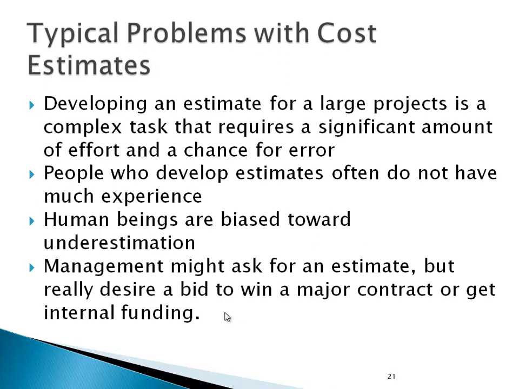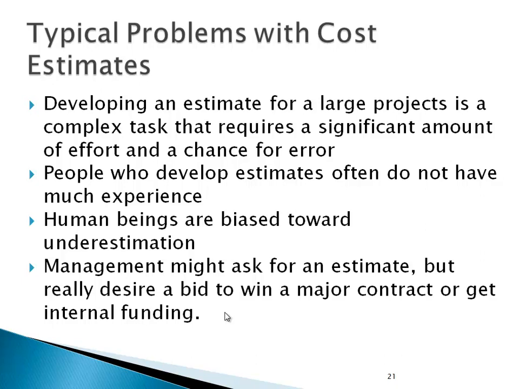Typical problems with cost estimation, and this is what I told you about the complexity of the project. If you are estimating cost for large projects and you require lots of details and breakdown for these activities, then through the different levels of estimation for the cost, an error might happen.